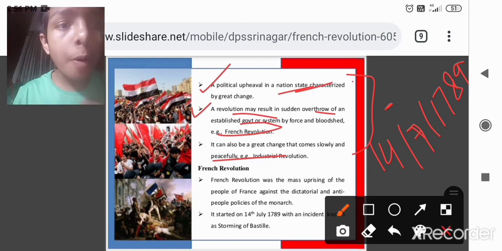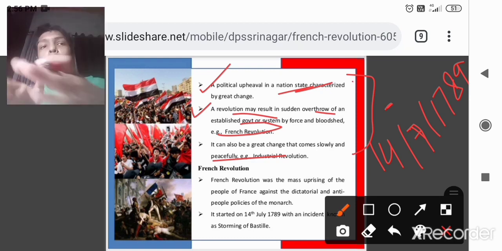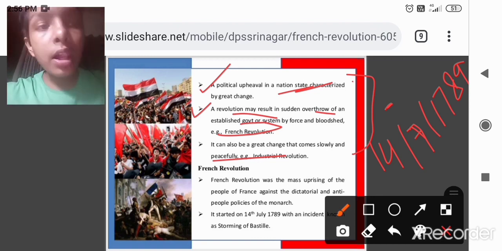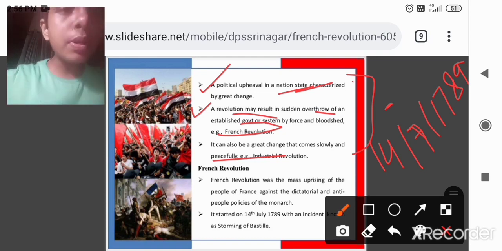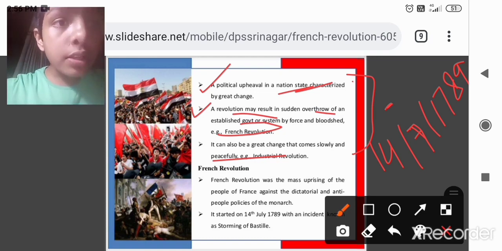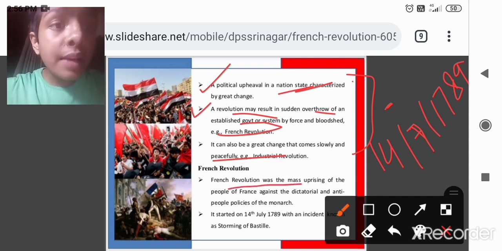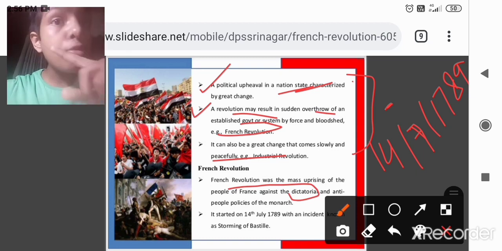Now we are going to talk about the French Revolution, starting with the NCERT. The French Revolution was the mass uprising of the people of France against the dictatorial and anti-people policies of the monarch. The people were protesting against the dictatorship. At that time in France there was dictatorship, not democracy.